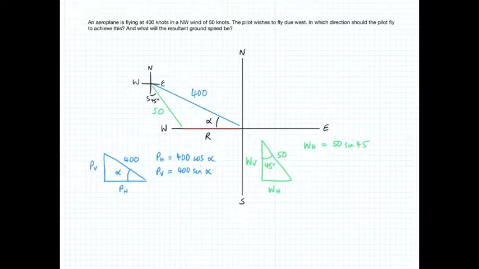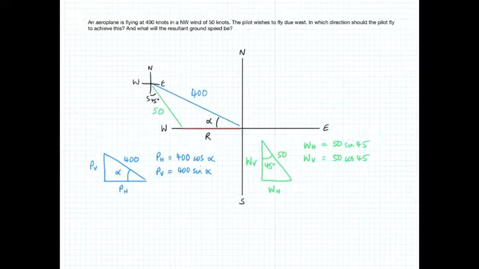Although, of course, with a 45-degree triangle, the sine and the cosine are the same, because the other angle will be 45 as well. And then the vertical WV will be 50 cos 45. Okay, so that gives us our horizontal and vertical components of the plane and the wind speed.